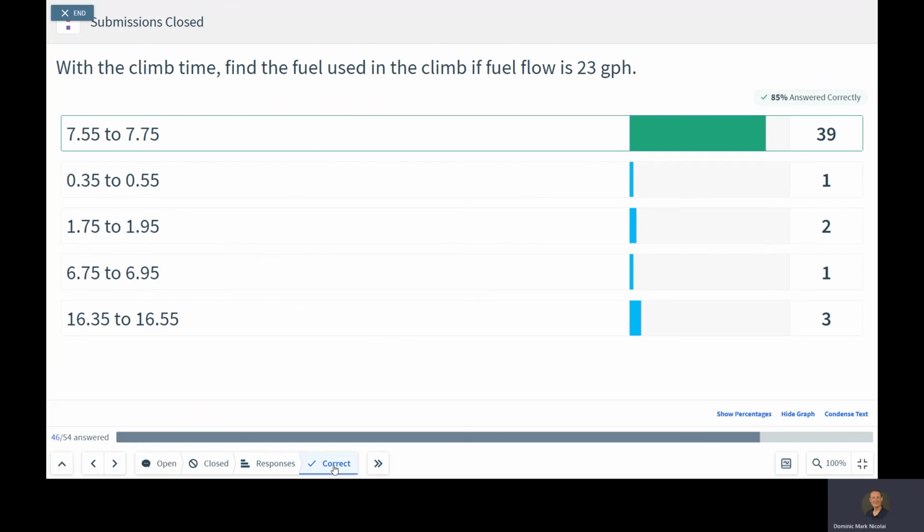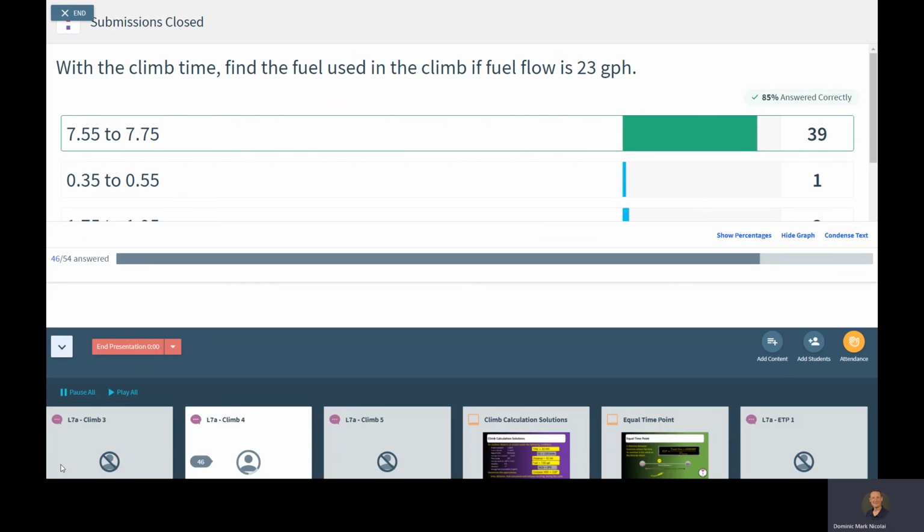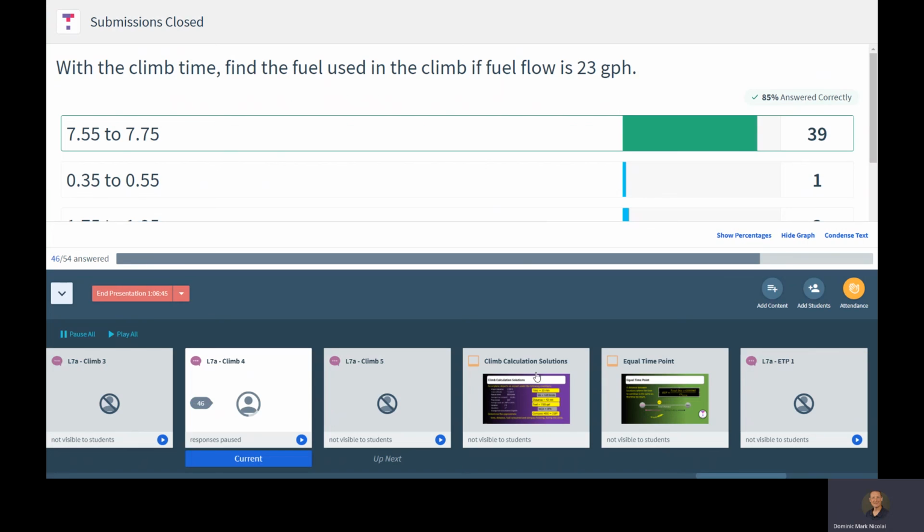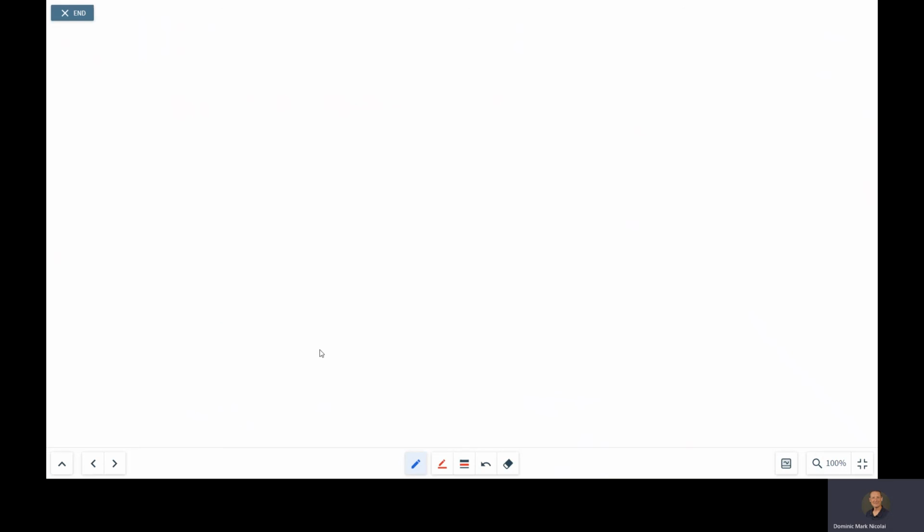The correct answer is 7.7 gallons of fuel used, and a lot of you got that one correct. All right, I've got one more problem type to cover with you.